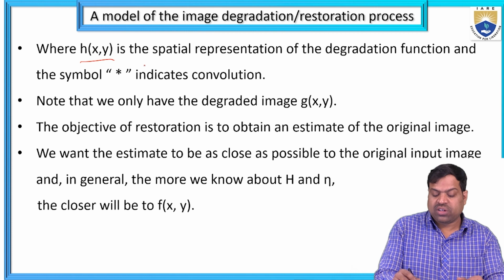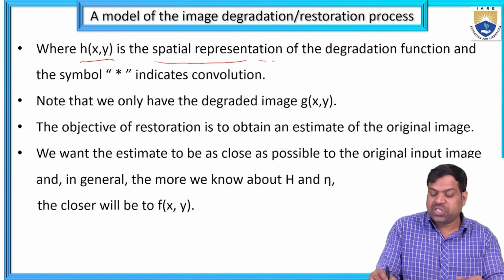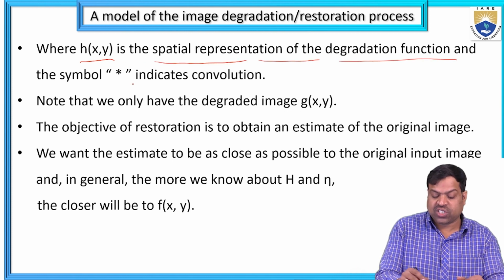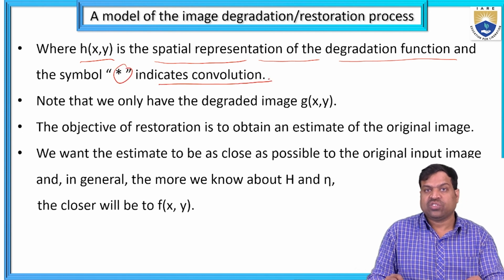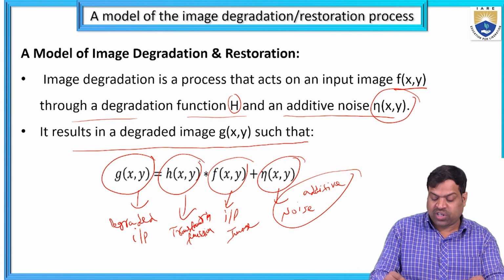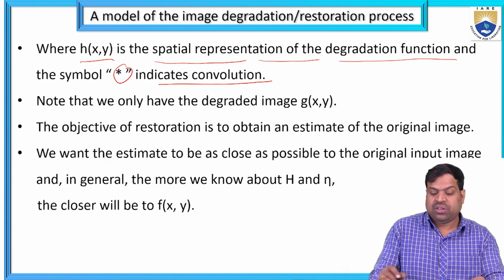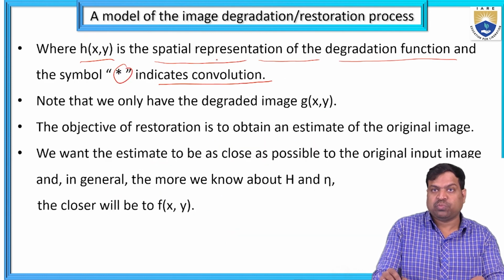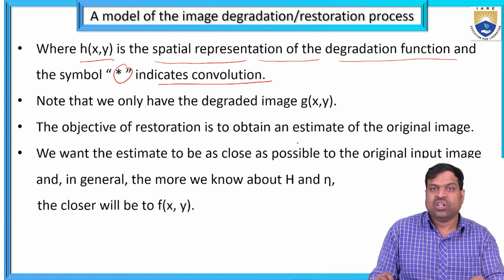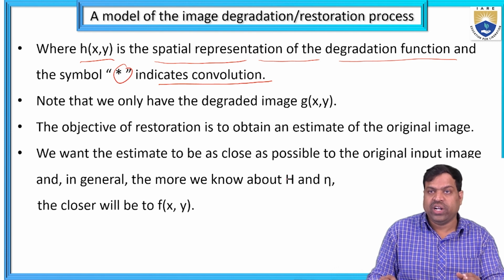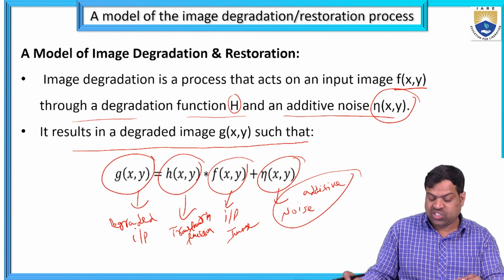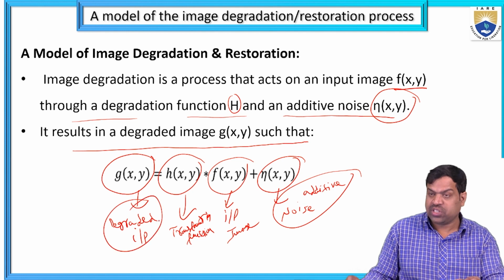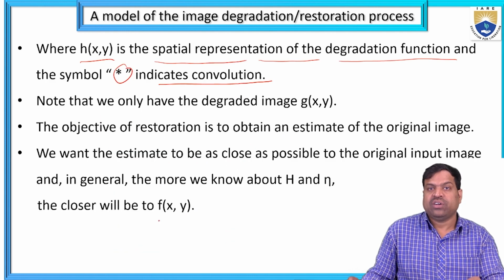Here h(x,y) is the spatial representation of the degradation function, and the symbol star indicates a convolution. Note that we have only the degraded image g(x,y).